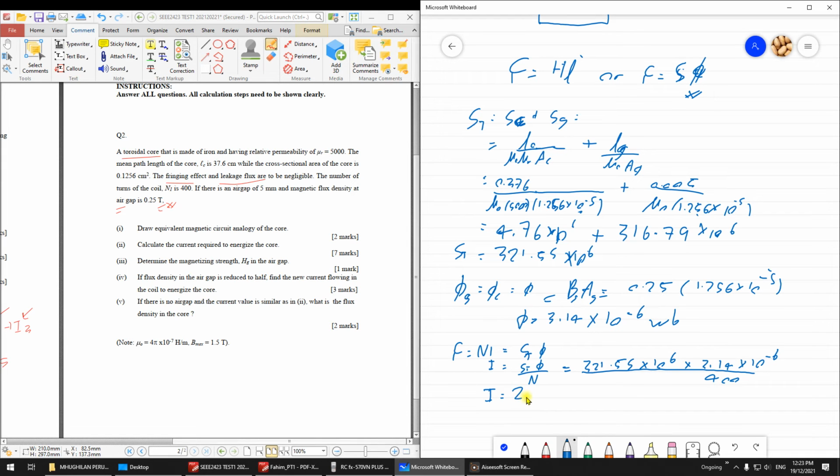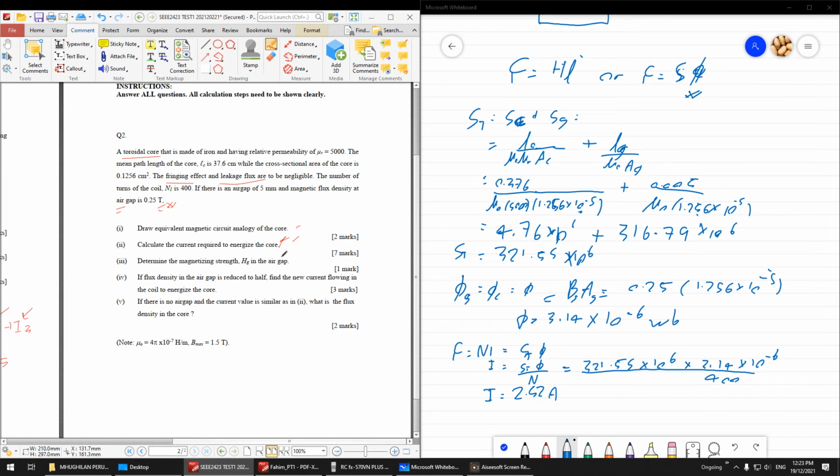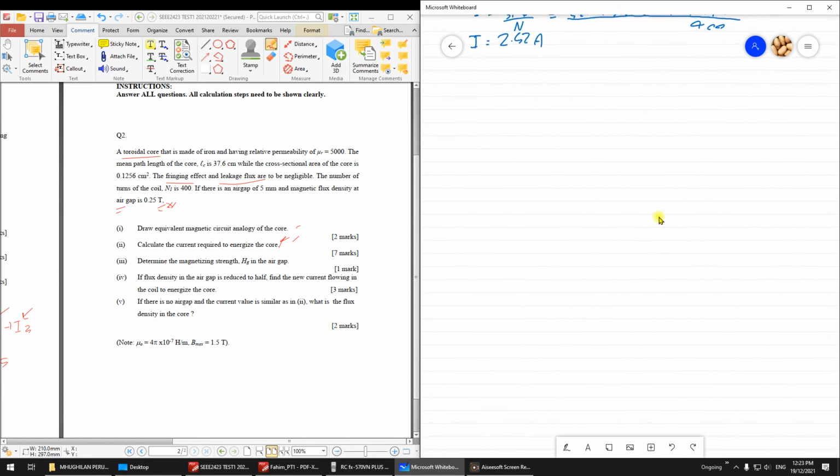So the answer is 2.52 ampere. That is how you solve question number 2. Number 3 is determine the magnetizing strength Hg in the air gap. Let me move this.